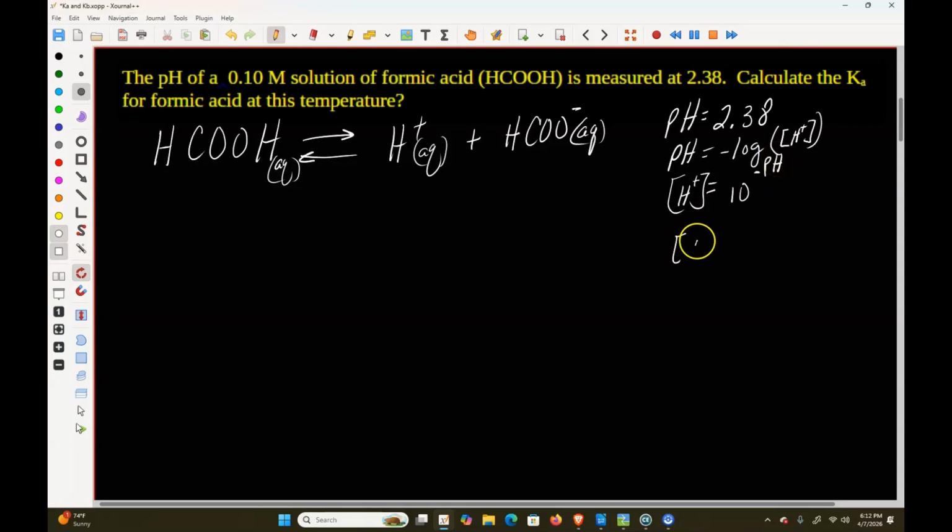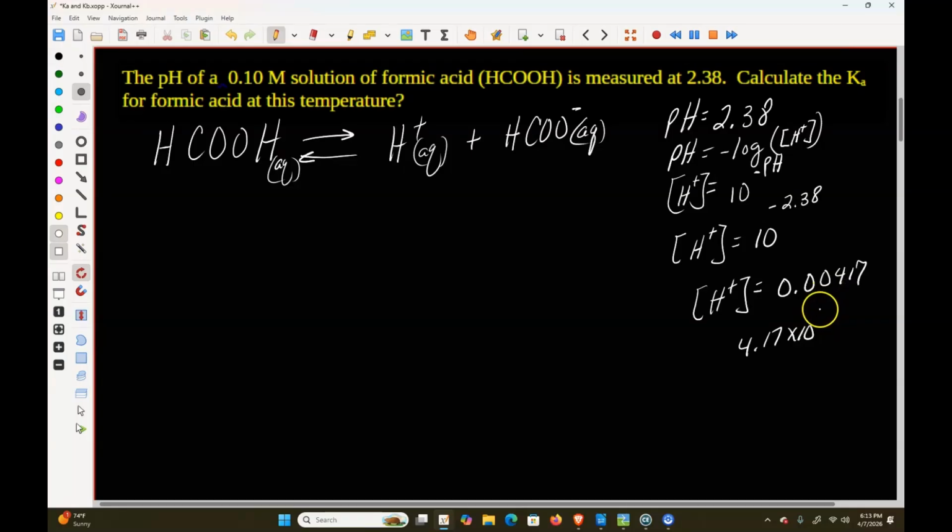So let's go ahead and get our H plus concentration here. That's going to be 10 raised to the negative 2.38. So my H plus concentration will equal 0.00417, or I can say 4.17 times 10 to the negative third molar.